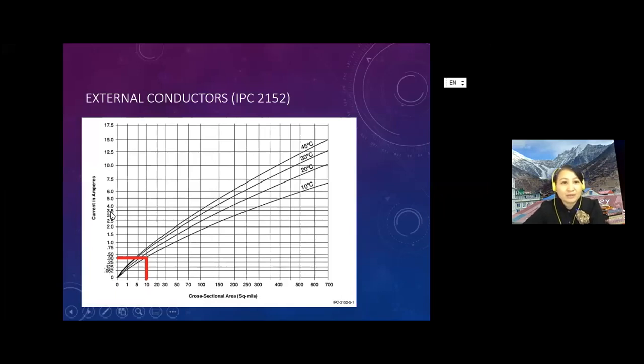And from this current in amperes, we will check what is the T rise that is allowable in your design. So how to interpret this? Do you use 10 or do you use 45? This is an extreme case. Let me tell you an easier way to understand this. If you have a smartphone, right? Smartphone is electronics.